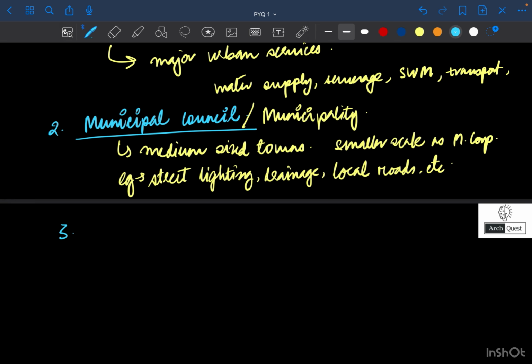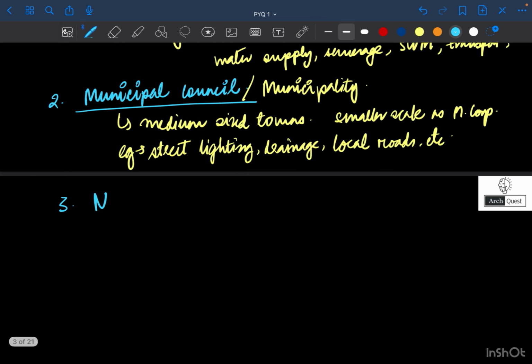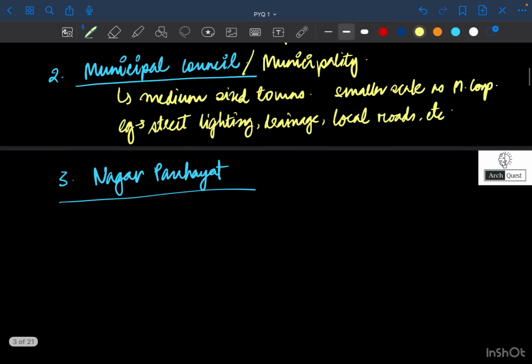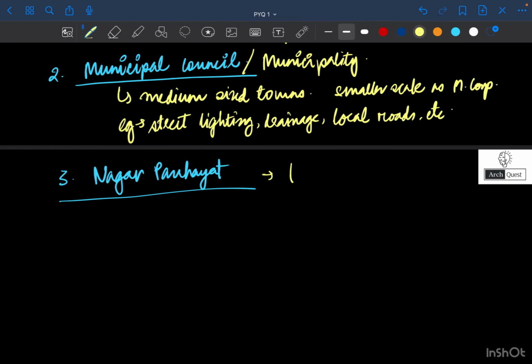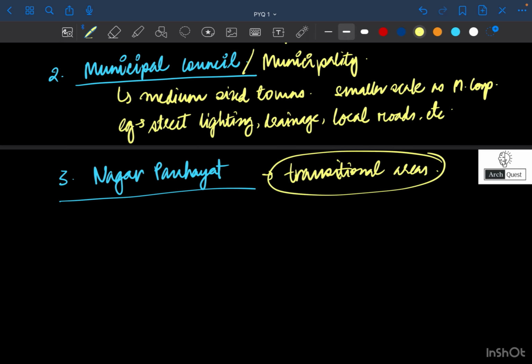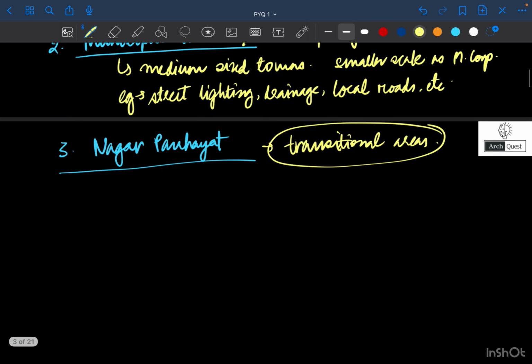The third of the three-tier governance in the urban local body is the Nagar Panchayat. These are created in transitional areas. This is an important term because questions have been asked on which areas Nagar Panchayats are related to. Now, what do we mean by transitional areas? We are talking about the urban area, right?